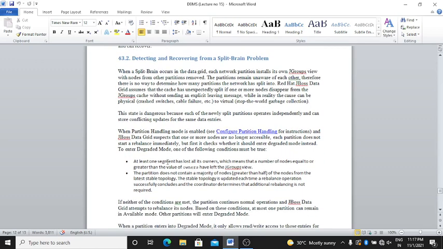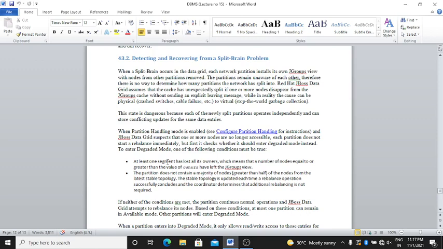At least one segment has lost all its owners, which means that a number of nodes equal to or greater than the value of owners has left the JGroups view. Or the partition does not contain a majority of nodes, greater than half of the nodes from the latest stable topology.